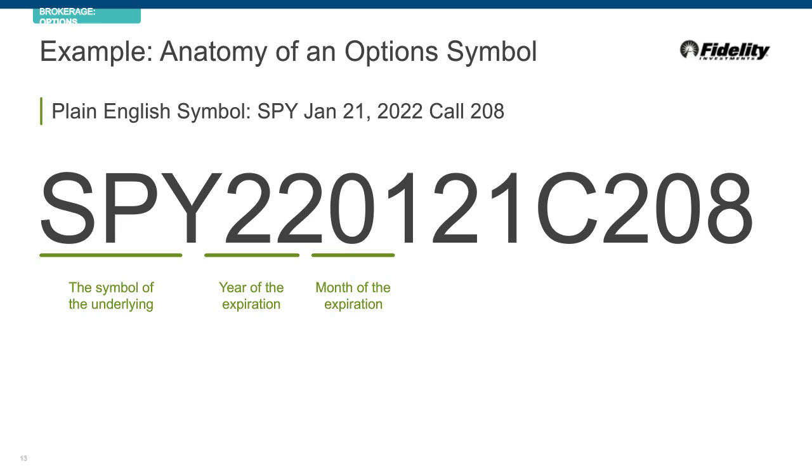So still breaking it down, thinking about those contract terms, we've got the underlying, SPY, year, month, and you guessed it, date of expiration. In this case, maybe a little bit backwards from what we're used to, but we're looking at SPY 2022, January 21st. We're just going from larger to shorter time frames, meaning a day.